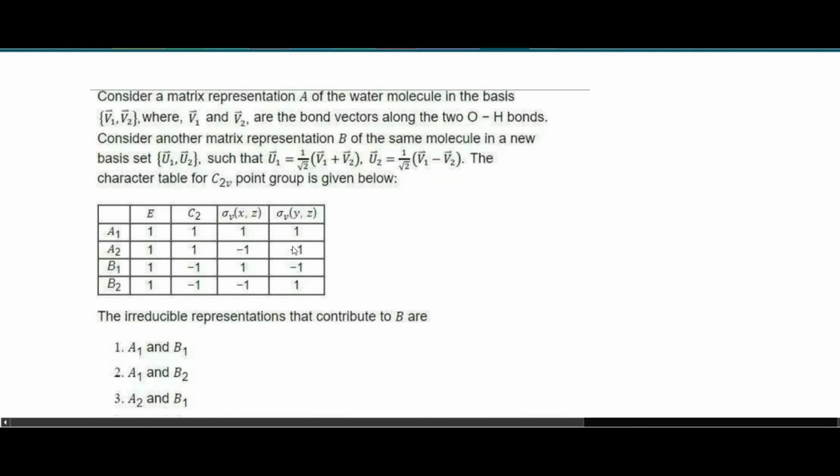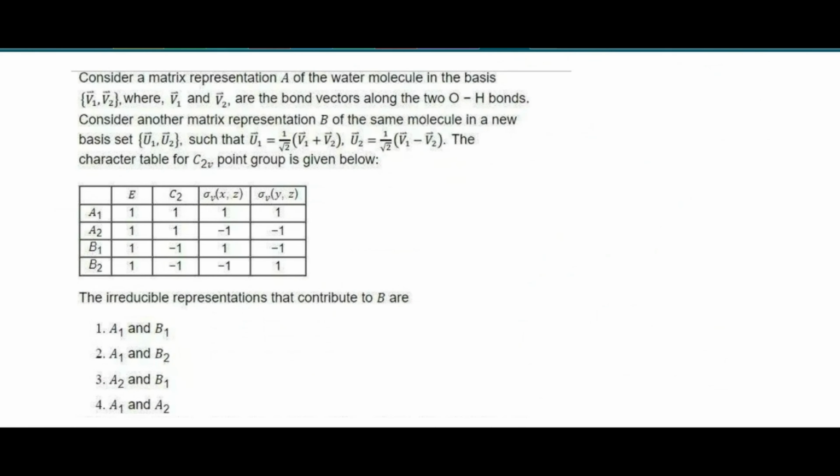Read the question very well. Once I explain the starting, you can easily do the rest. They say: consider a matrix representation A of water molecule in the basis V1 vector, V2 vector. Don't be scared seeing the question. Where V1 and V2 are the bond vectors along 2 OH bonds.